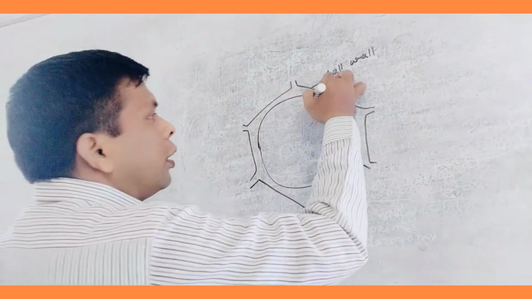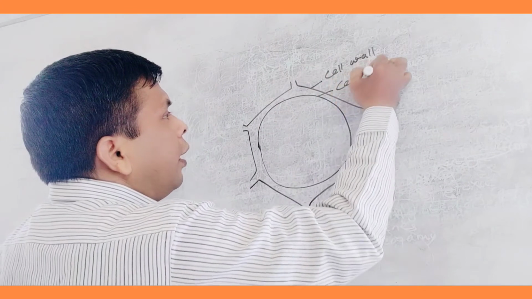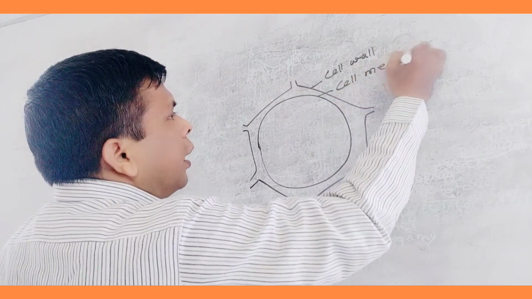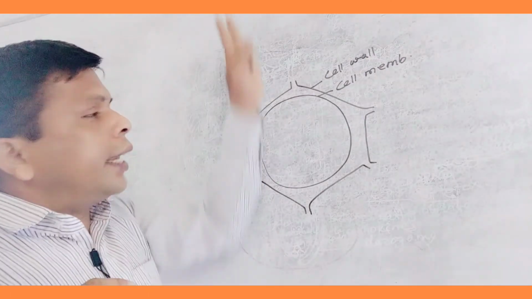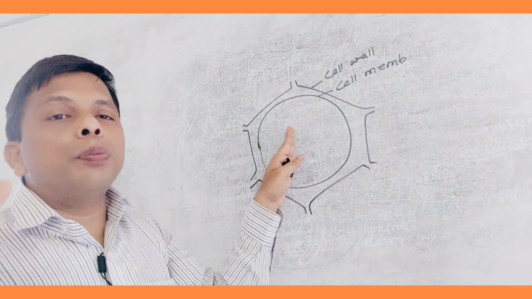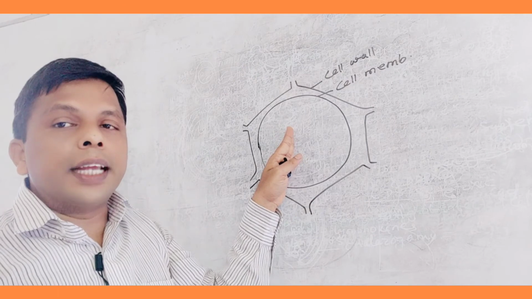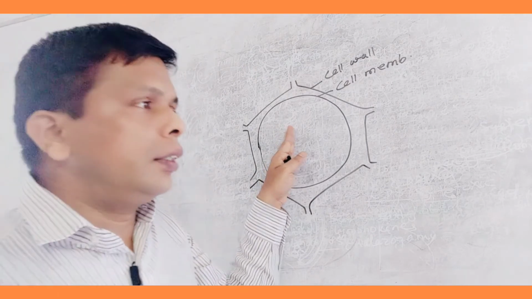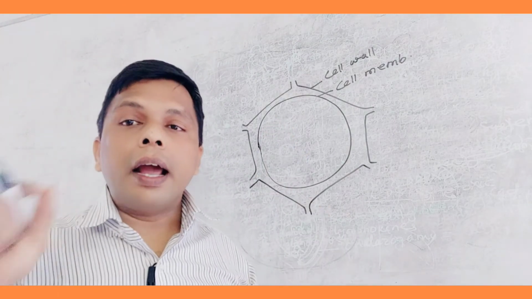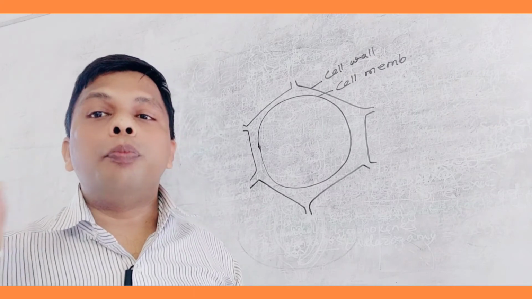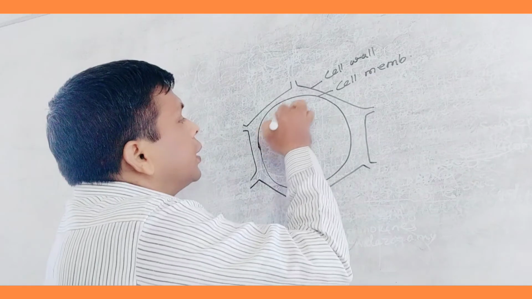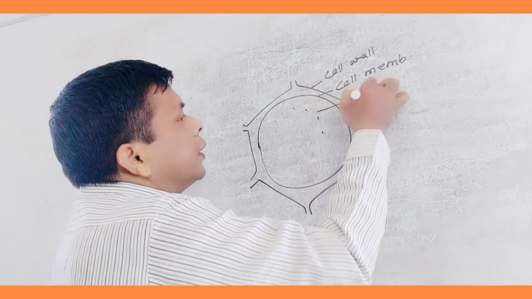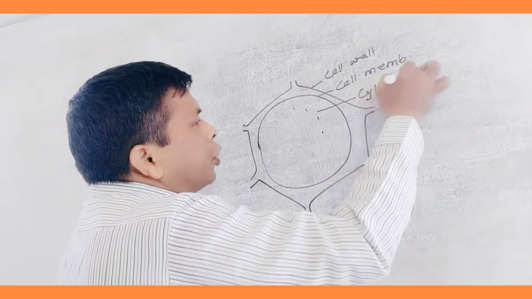Below the cell wall, there is the cell membrane. This cell membrane does not produce mesosomes here. It is formed of a definite arrangement of lipid and protein. Below this cell membrane is the cytoplasm.